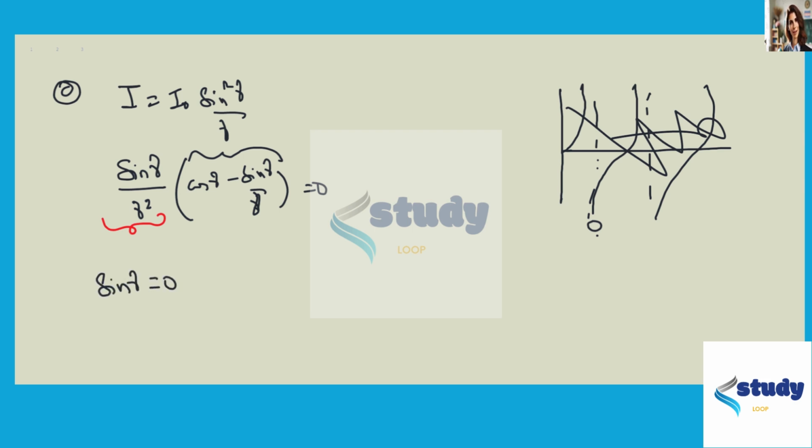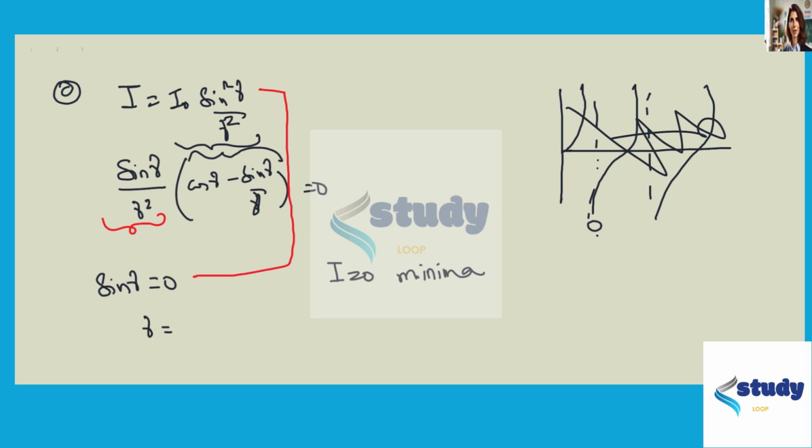And if sine gamma is equal to 0, you can see I will be equal to 0. Hence, for sine gamma is equal to 0, I is equal to 0, and it will be the minima. Because sine square gamma by gamma square is a positive quantity, and the least value it can take is 0. Hence, it must be a minima.